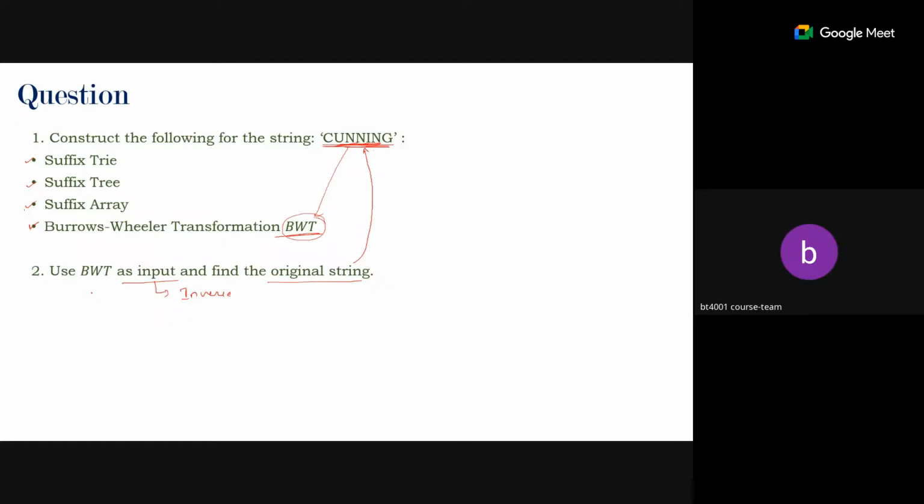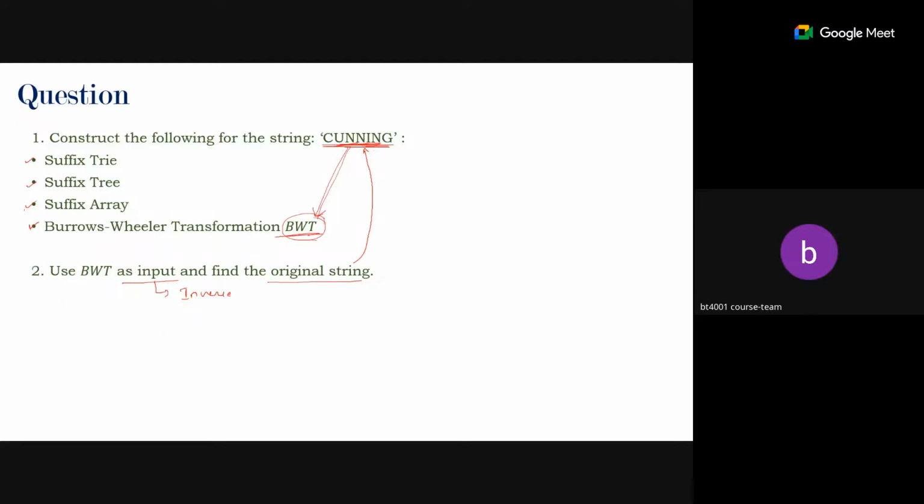So we will use cunning to generate this BWT, and once the BWT is generated, we will use this BWT to generate this cunning. That way we can discuss both the Burrows-Wheeler transformation algorithm and the inverse Burrows-Wheeler transformation.